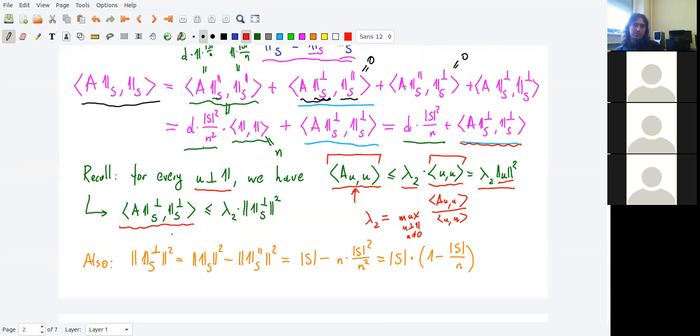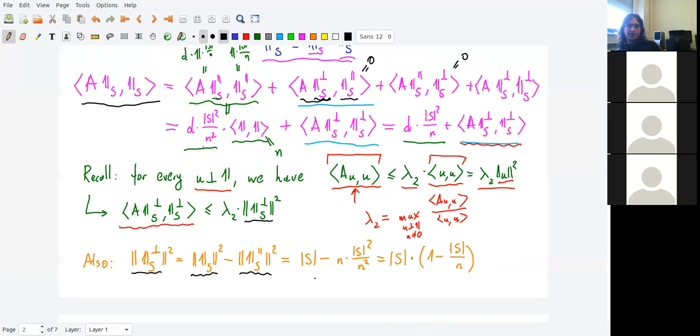Now, given this understanding, we can try to understand this inequality. For this, we also need the L2 norm of the perpendicular part. By the Pythagoras theorem, the square of its norm is equal to the difference between the squares of the norms of the all-ones vector on S and of the parallel part.